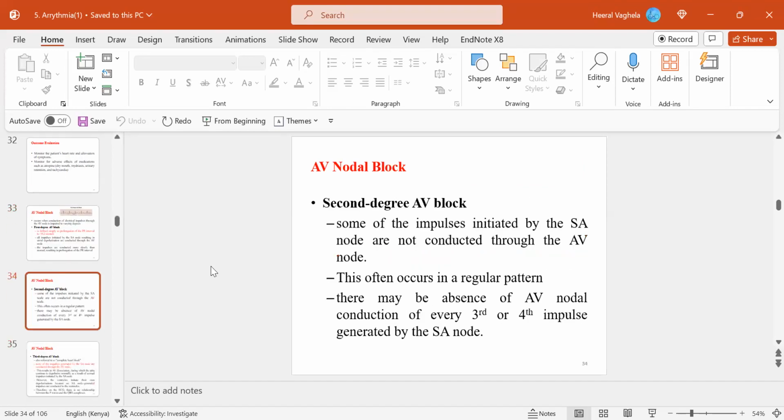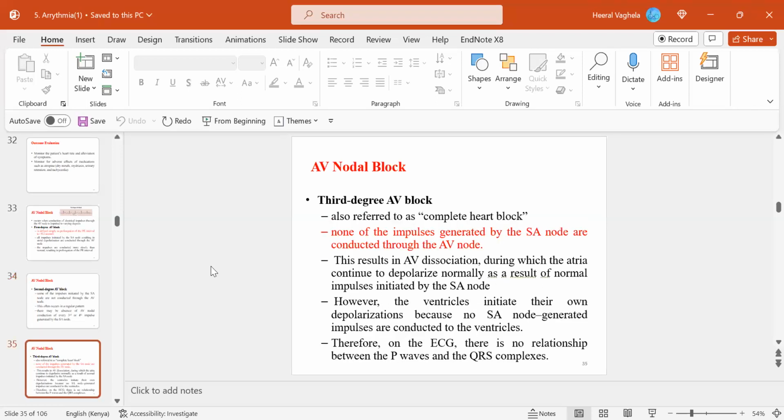Then in second degree, whatever is initiated by the SA node is not conducted by the AV node. And the third degree block would be like a complete heart block where none of the impulses generated by the SA node are conducted through the AV node, because the AV node is the one that sends impulses to the ventricles through the Purkinje fibers.